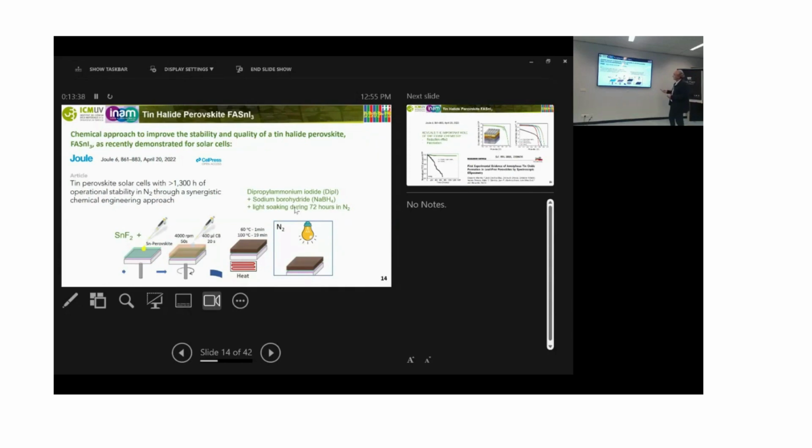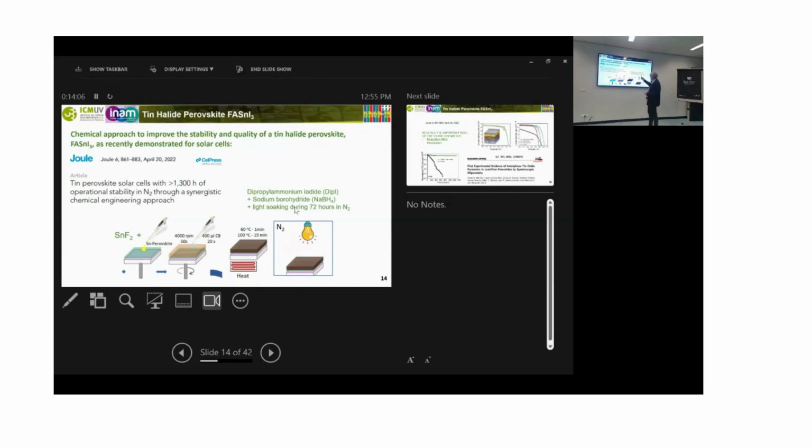The method of preparation is depicted here. It was published as an application for solar cells last year, and we demonstrated the high operational stability. And it's very simple, because it's preparing the formamidinium tin perovskite with the additive of tin fluoride.